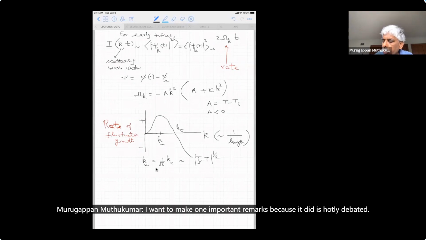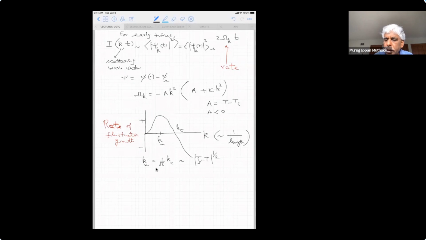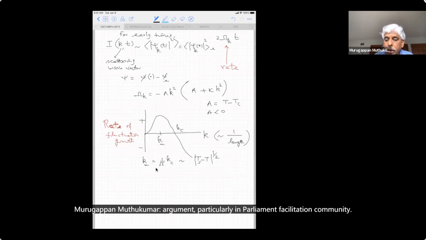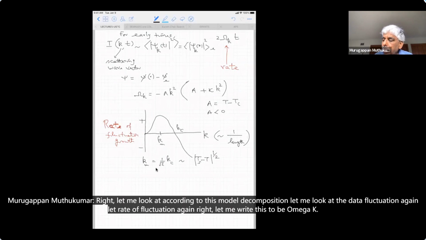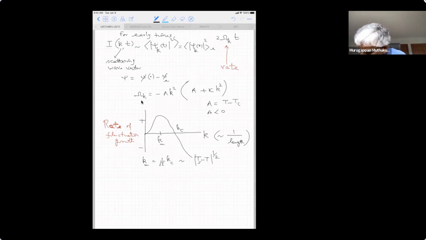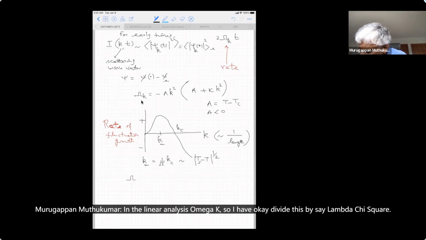All right. I want to make one important remark because this is a hotly debated argument, particularly in the polymer crystallization community. According to this spinodal decomposition, let me look at the rate of fluctuation again. Let me write this as omega K in the linear analysis.